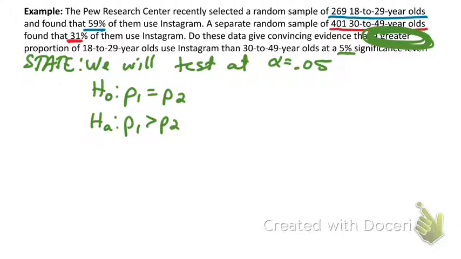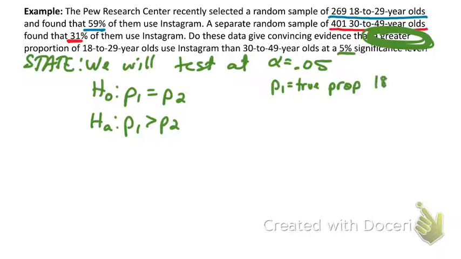Now, I want to caution you guys. That actually depends on what you define as P1 and P2, because right now P1 and P2 are not defined. You have to define them, and make sure you define them correctly. So P1 is going to be the true proportion for who?